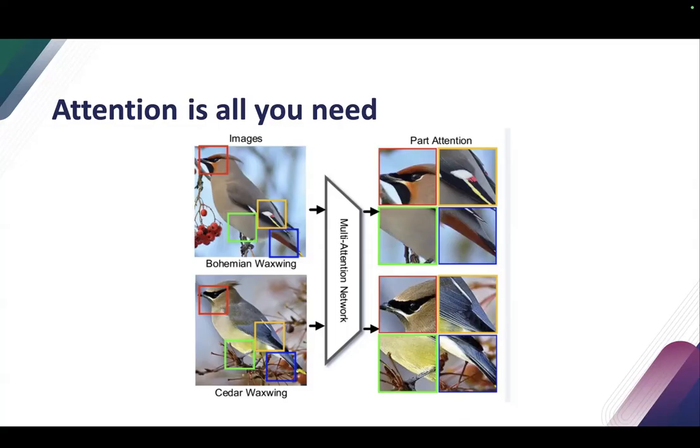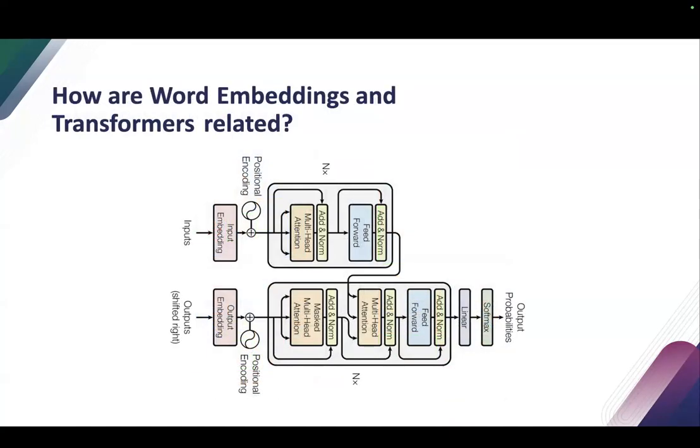And when you think about it, that's how we think as humans too. So if you're trying to train yourself at a specific task, in this case recognizing birds, you're going to pay attention to specific areas of the birds to address the task. Any questions at this point?